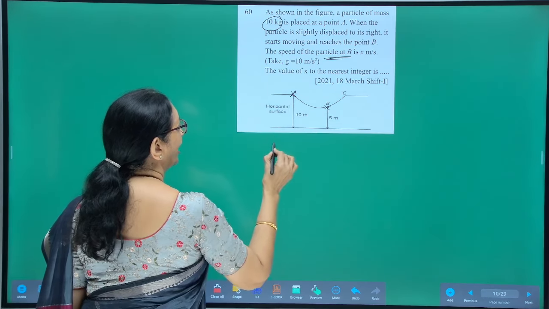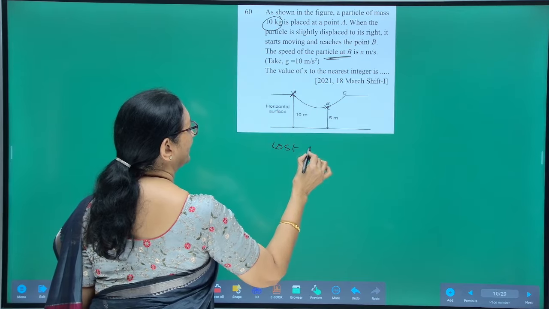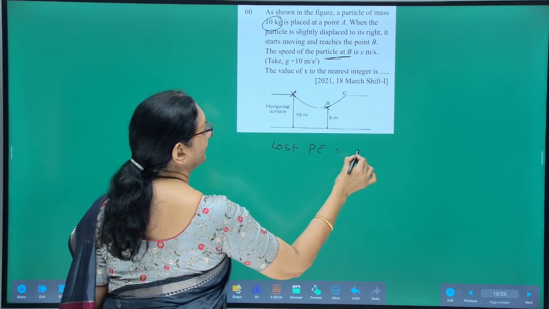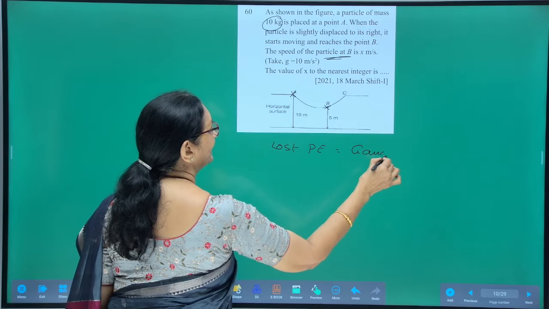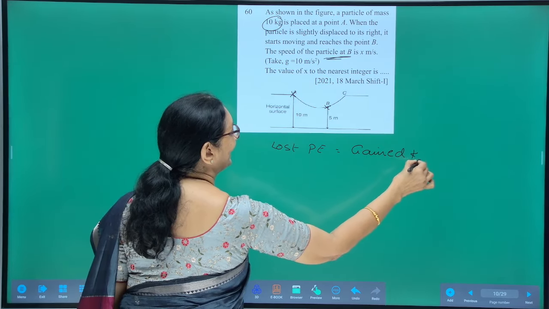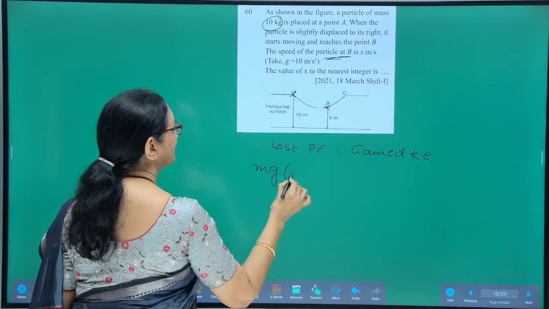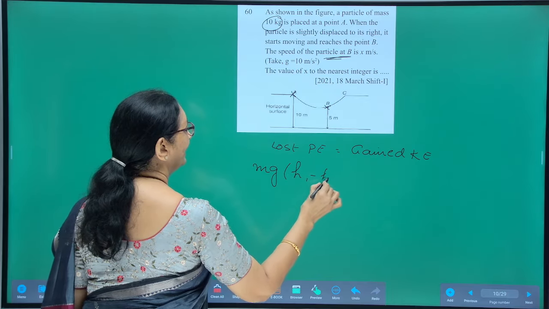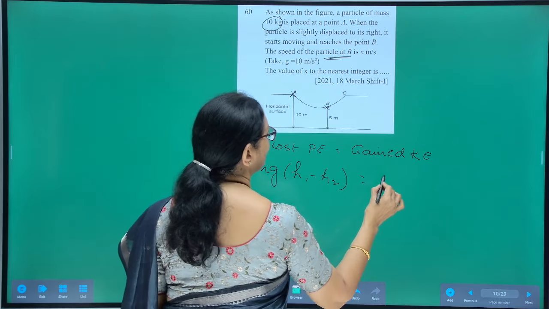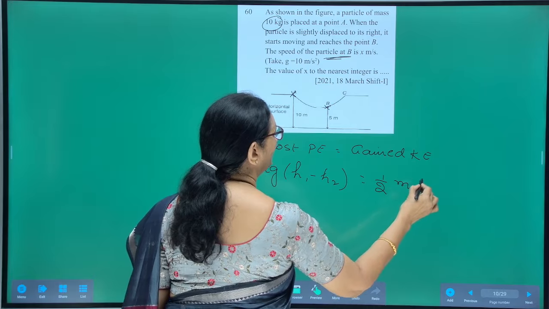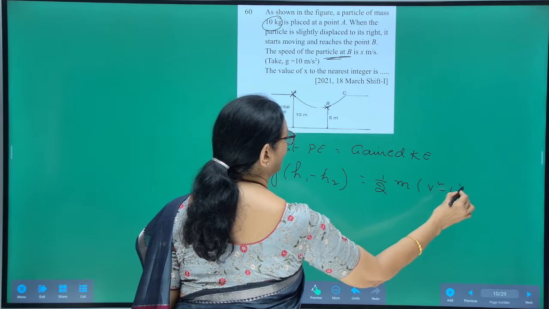See, lost potential energy is equal to gain in kinetic energy. Lost potential energy is mg into h1 minus h2, that is half m into v square minus u square.